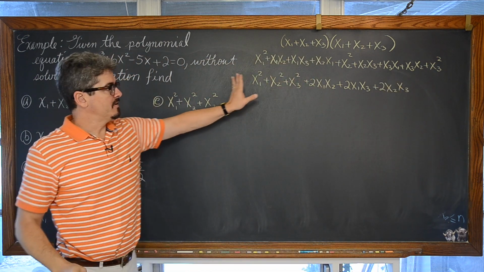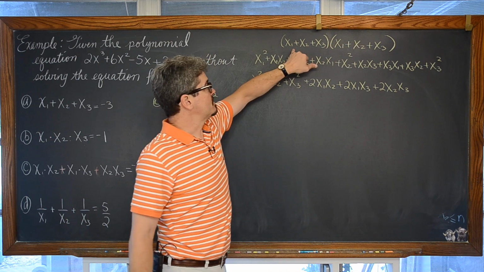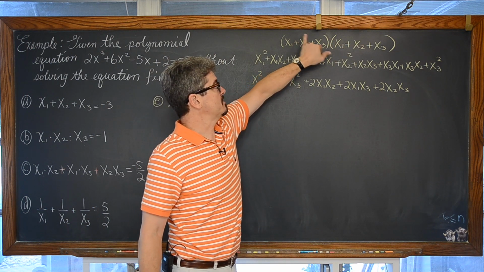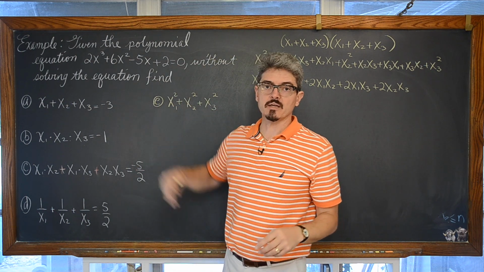If I have these 6 terms, they factor back to be x sub 1 plus x sub 2 plus x sub 3 squared. And that sum of roots we know is negative 3.